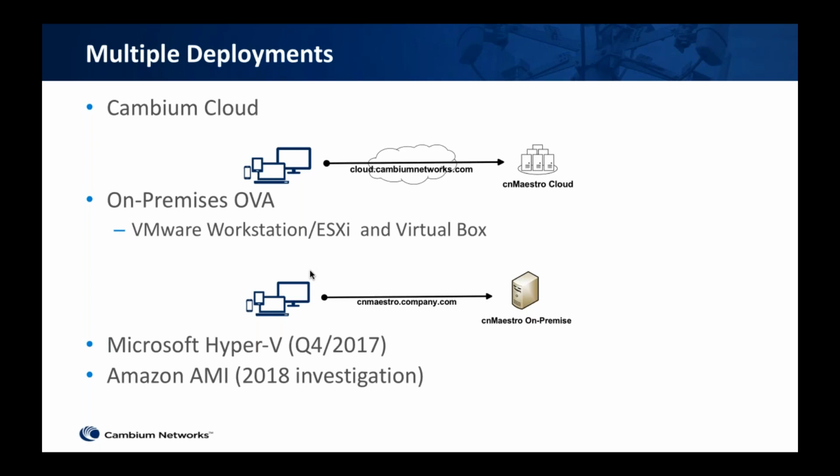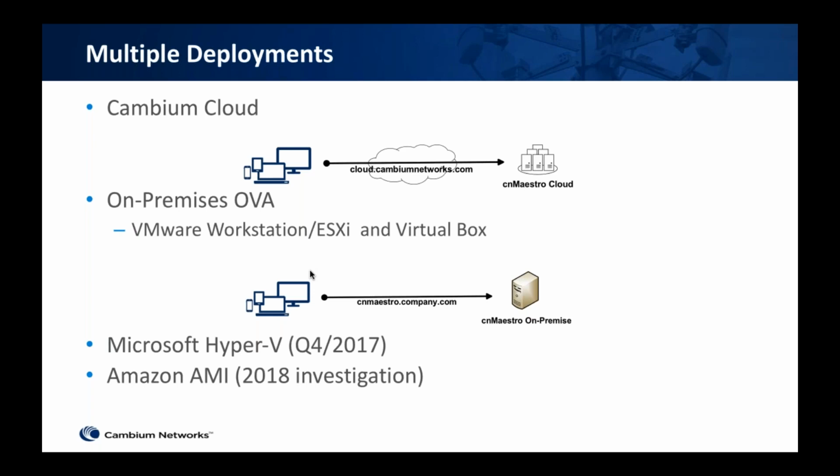If you don't feel secure using a third-party cloud, you can obviously use the on-premises version. We provide the image you can use on any third-party cloud infrastructure. You can use it with VMware, you can run it on VirtualBox or any other third-party virtualization subsystem.